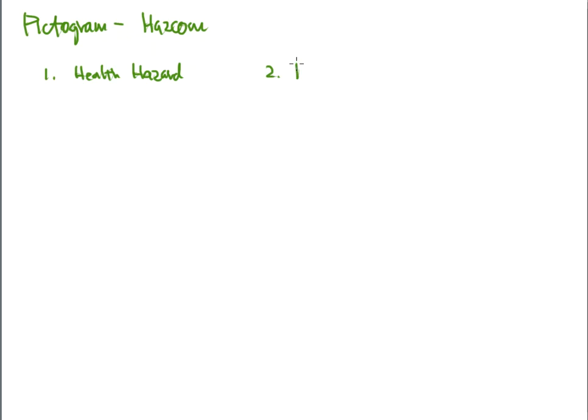The second one is going to be some type of flame to let you know that the stuff can catch on fire. The next one is an exclamation mark. We'll talk about what those mean in just a second. Number 4 is a corrosive. We said that eats away stuff most of the time. Number 5 is an exploding bomb.